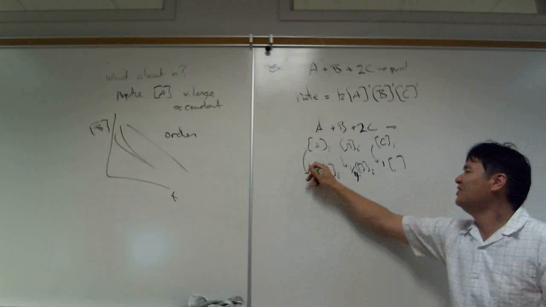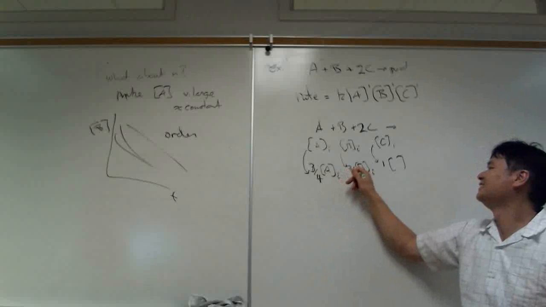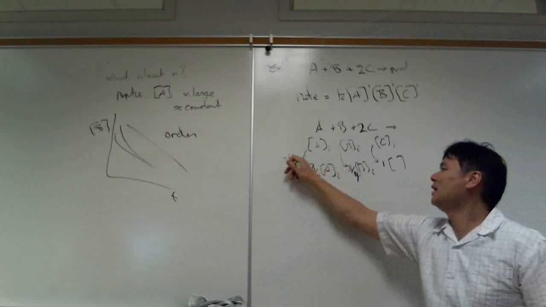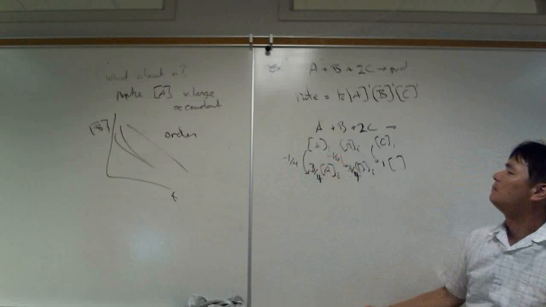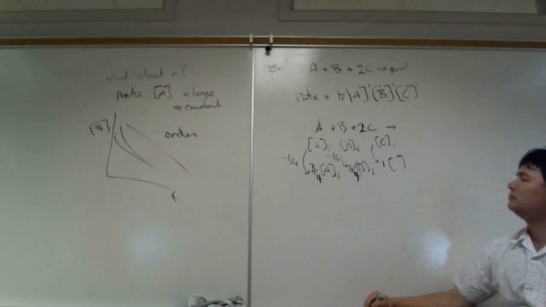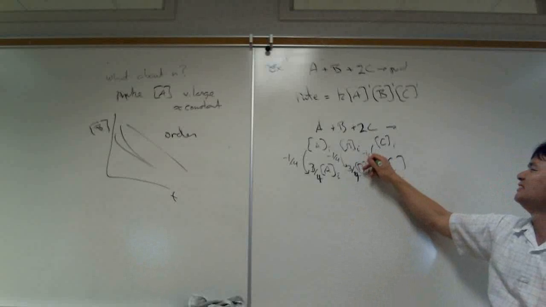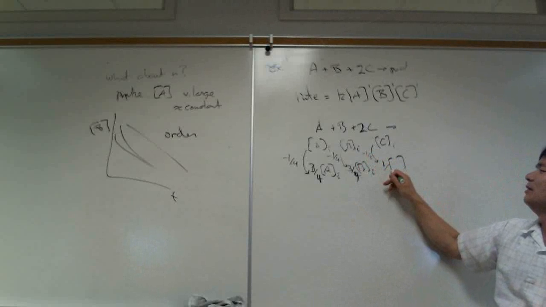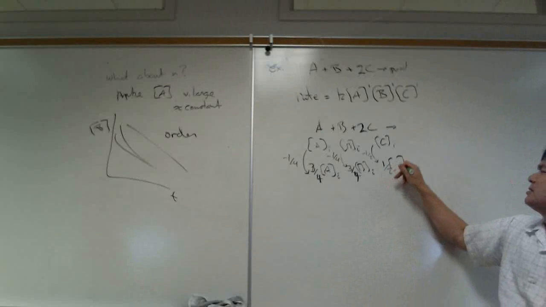So I lose 1/4, so I'm left with 3/4 A. And so let's say I consume 1/4, I consume 1/4. Then this should be 1/2. And so I'll be left with 1/2 C initial.